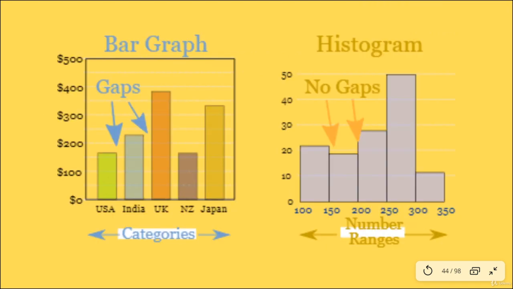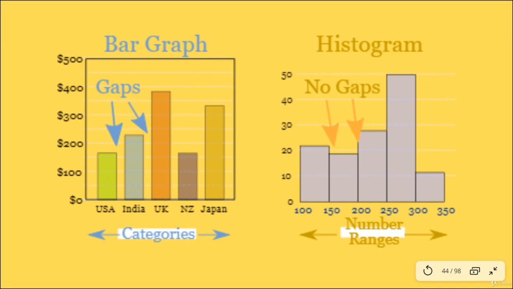Just a representation, if you want to differentiate between a bar graph and a histogram, because in a histogram also the bars are there. The height of each bar will tell you how many data points fall under that particular range. And if you are drawing a bar graph also, then obviously there are bars. But the ideal difference is that when you are drawing a bar graph, on the x-axis you take the categories. I told you that in a bar plot, one variable has to be of categorical nature, so your x-axis would be categorical.